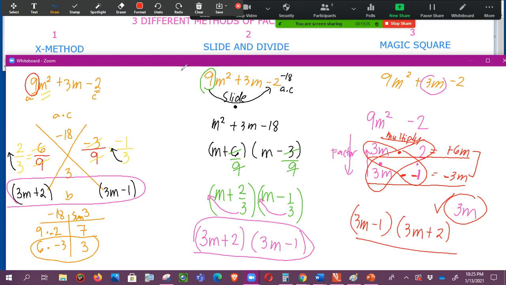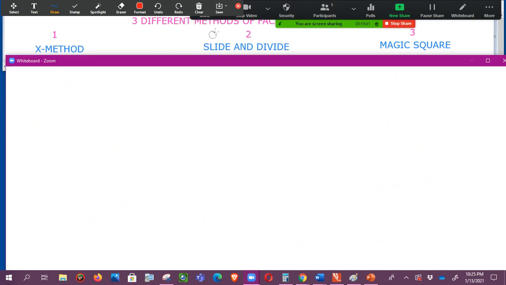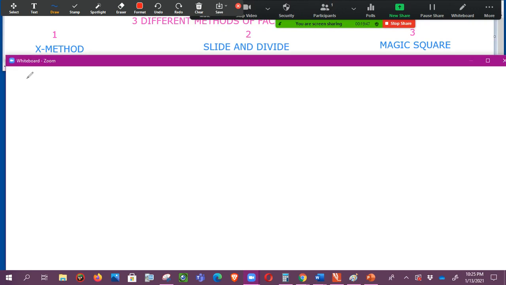Okay, let's do one more. Let's have 3x squared minus 11x plus 10.